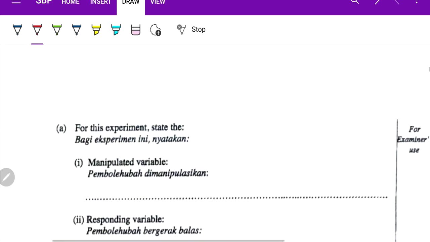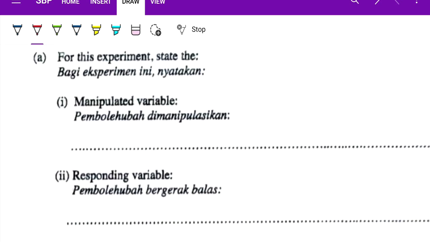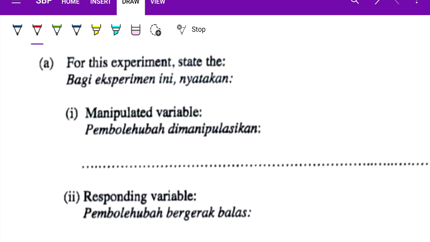Now for this experiment, state the manipulated variable. Just now we know that the variable we manipulate is the different types of alkali.